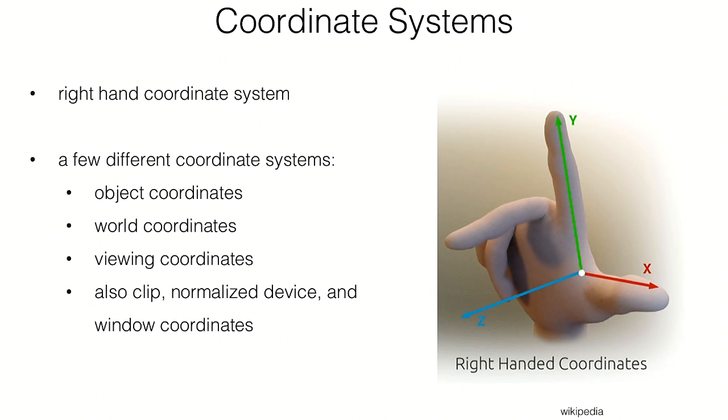Then the world coordinates, where we can place different objects or models relative to one another in this world space. Then the viewing coordinates, where we rotate all of these objects in this world space around a camera, because we want a certain viewpoint of this world space. And then we project that using a projection matrix transformation into clip or normalized device coordinates. And finally, we can put that onto the window, onto the screen.